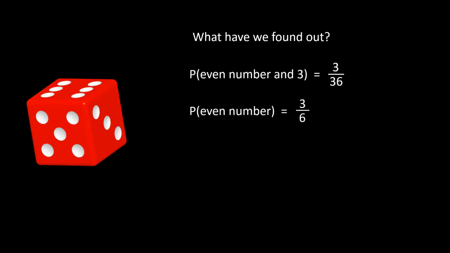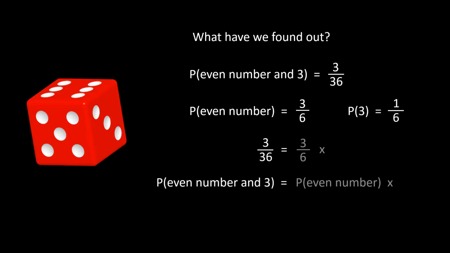Okay, so what have we found out? Well, we found that the probability of getting an even number and a 3 was 3/36. We did this one before, didn't we? The probability of an even number is 3/6, and the probability of getting a 3 is 1/6. Now, do you notice anything? Look, 3/36 is the same as 3/6 times 1/6. Remember, when you multiply fractions, top times top, bottom times bottom.